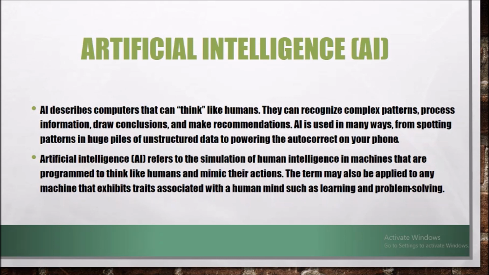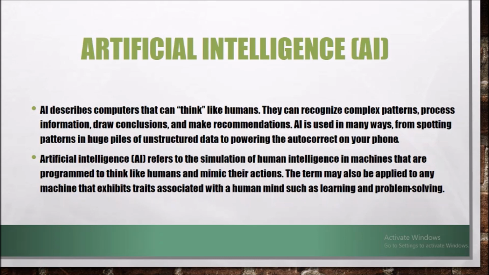AI describes computers that can think like humans. Ga-design sila og mga machines nga that can think, maybe that can walk, that can talk like a human, but they are not really humans because they don't have a heart that knows how to feel. They don't have senses. They don't have neurons and everything, our physical body.